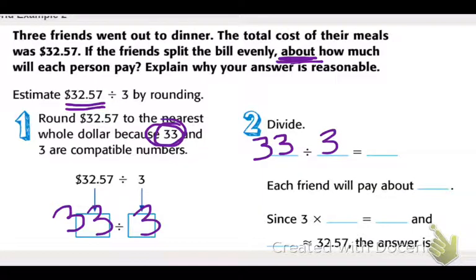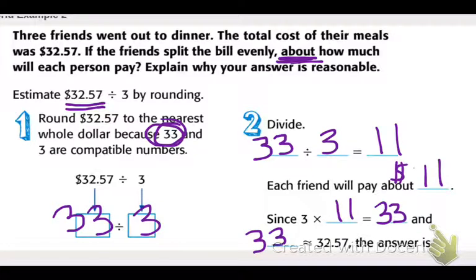Well, I know 3 divides into 33 about 11 times. So each friend will pay about $11. Since 3 times 11 is $33, and $33 is pretty close to $32.57, I know the answer is reasonable. I know that I got a correct answer.